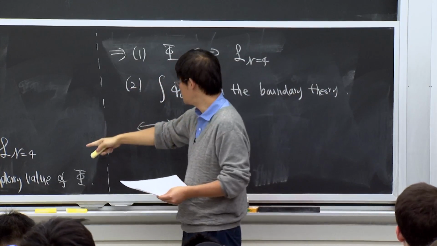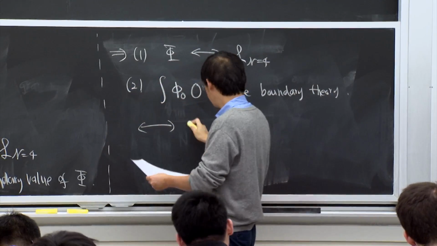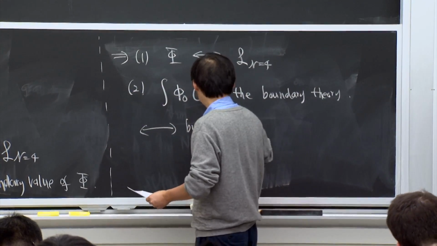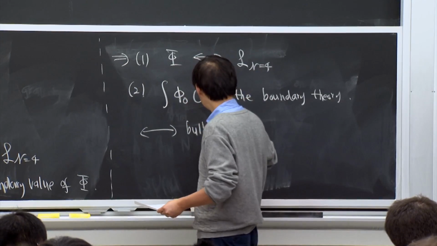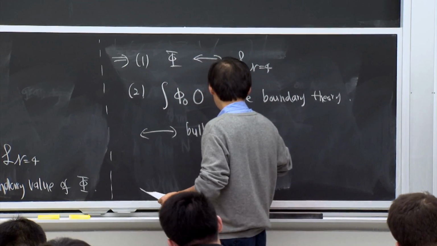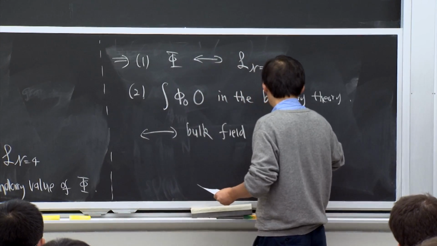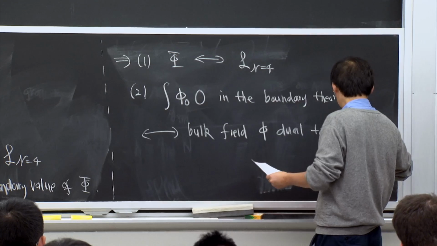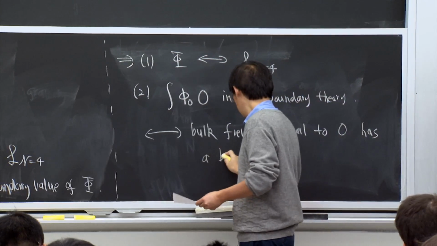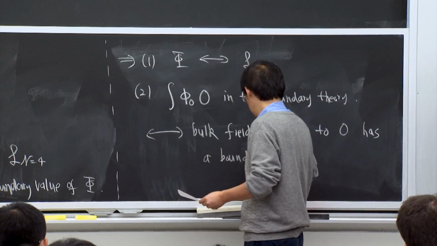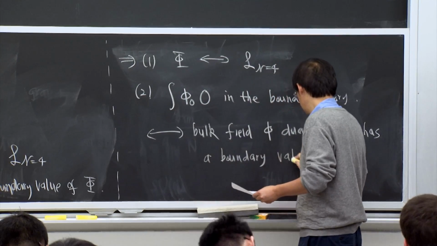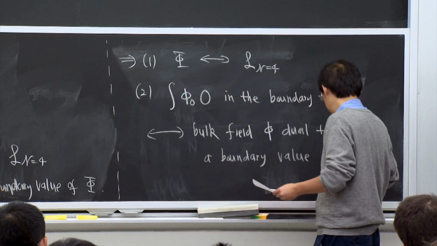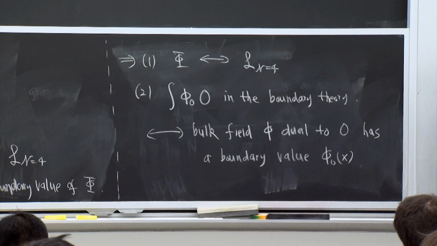So now I'm generalizing this story: the bulk field phi dual to O has a boundary value phi 0. Okay?